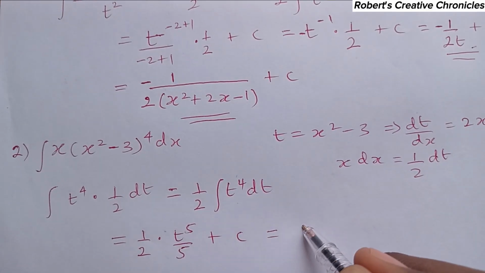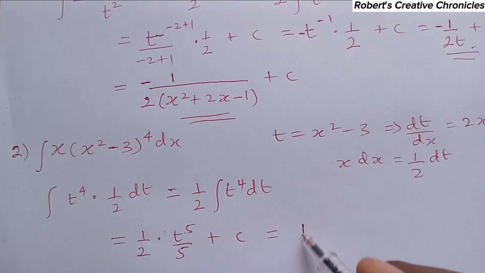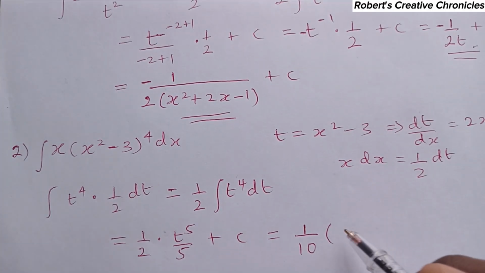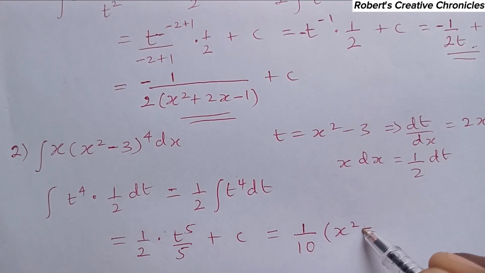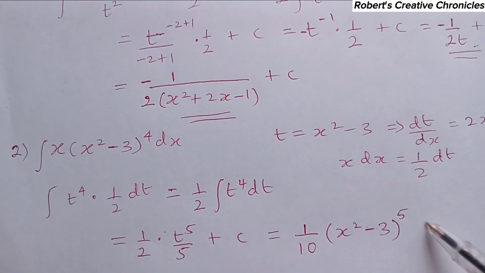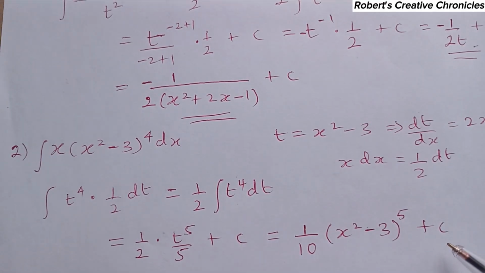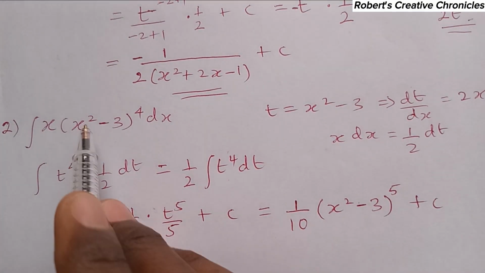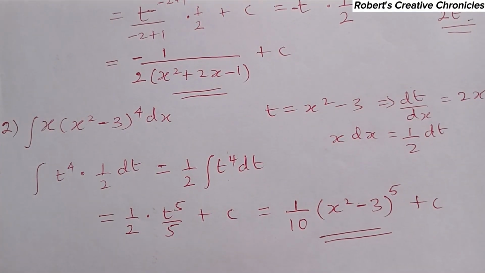So this becomes 1 over 10, since 2 times 5 is 10. Then what's t? t is x squared minus 3, raised to the power of 5, plus c. So now this is the integral of this function. So this is the final answer.